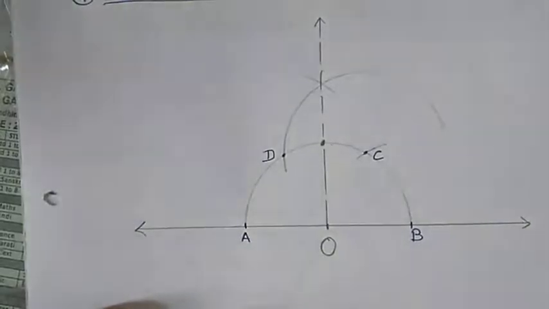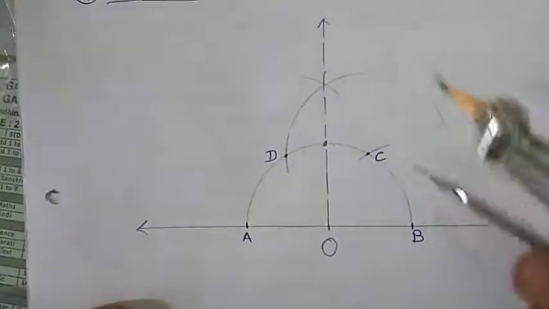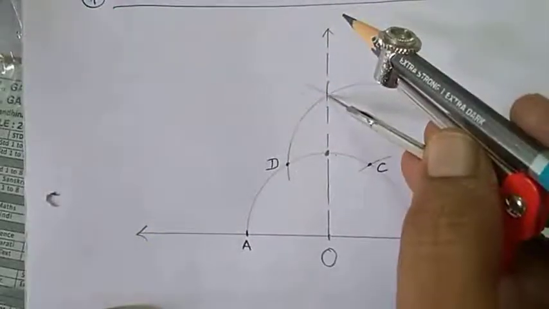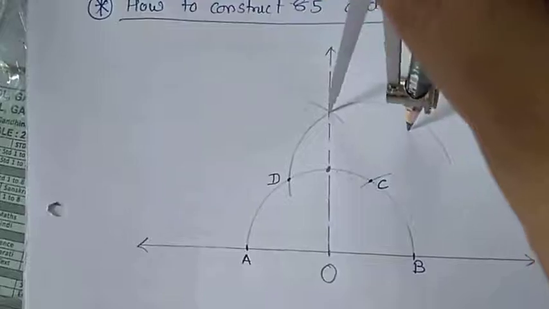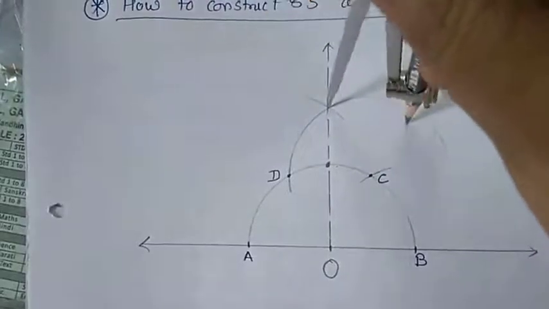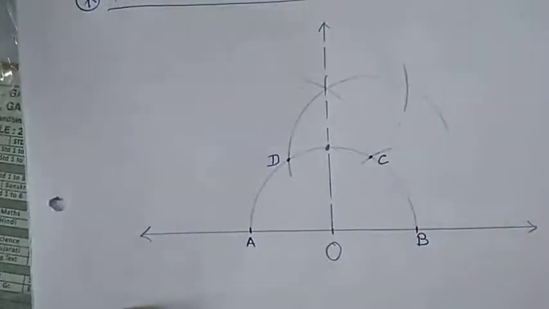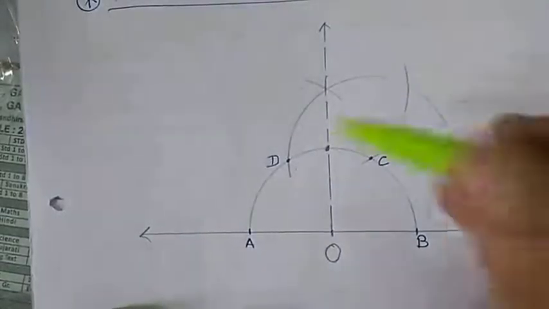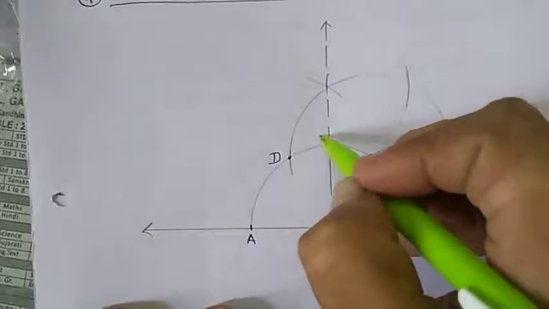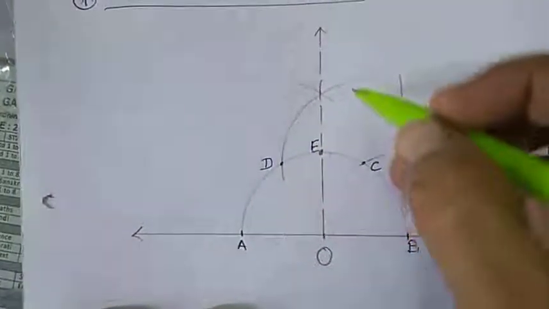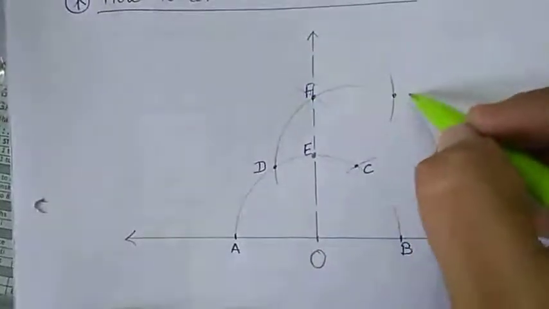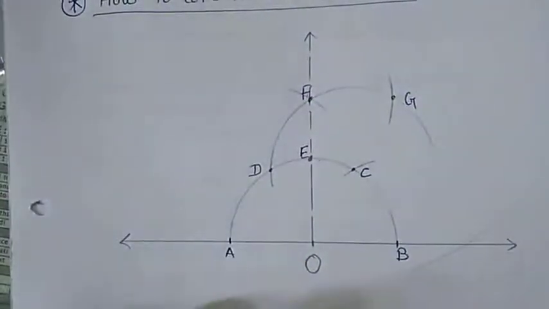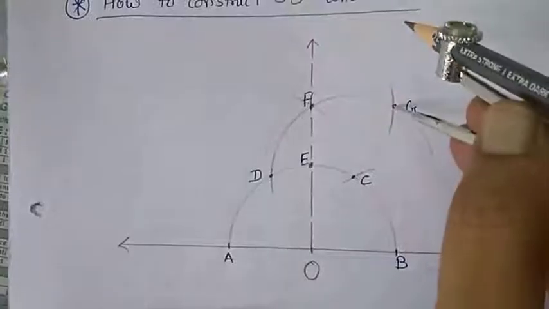So let's see. We have taken this point of intersection, 90 degree, over here, and from this point I draw a mark over here with the same radius, 3 centimeter, and name these points. So this will be E, this will be F, this will be G. Bisector, same measurement.